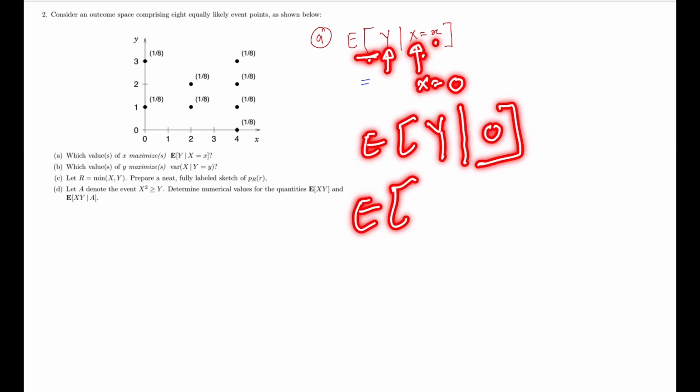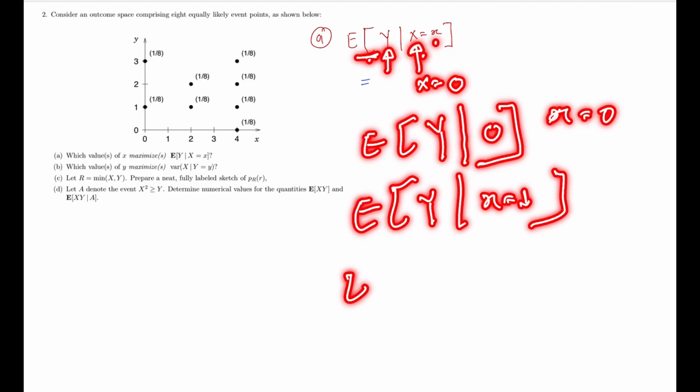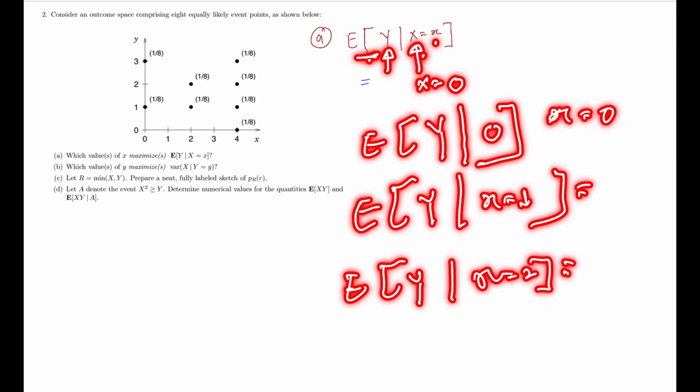Again, if x takes the value 1, what will be the conditional expectation? If x takes the value 2, what will be the conditional expectation? We will have to find all these conditional expectations depending upon the value x is taking, and at the end we will see for which value of x the expectation is maximum, and that will be the answer to your first part.